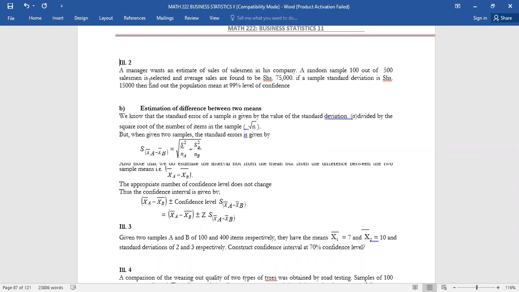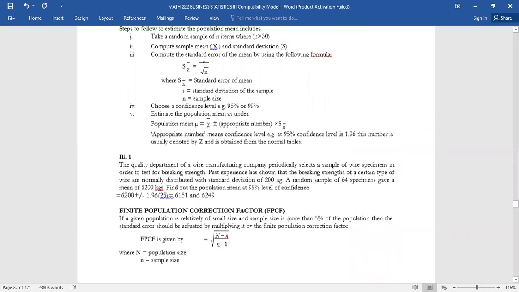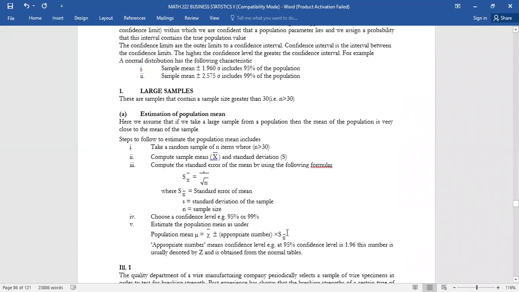After getting the standard error, we were told to choose a confidence of 99%, so we are going to go there. We take 75,000 plus or minus 2.575 times 1,500.